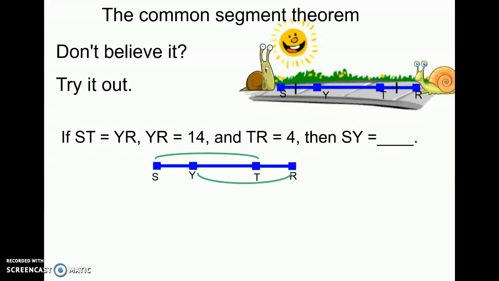For an example, this one is not on your paper. ST equals YR, so this piece equals this piece, and YR is 14. So this whole thing here is 14, and it tells me that TR is 4. So this little part is 4. If this is 14 and this is 4, then the piece in the middle has to be 10.